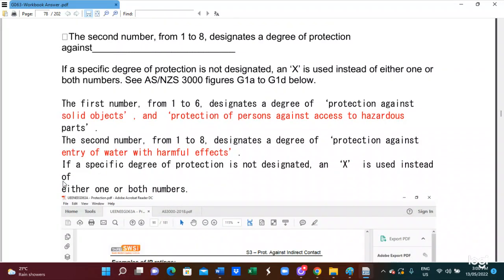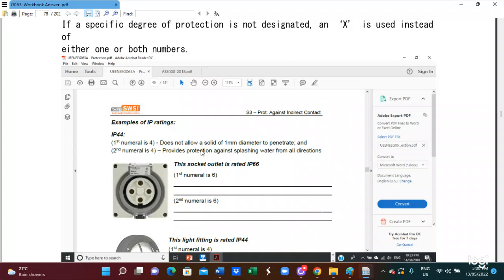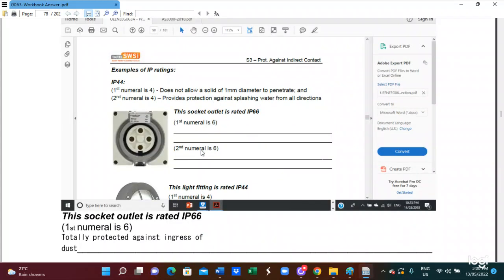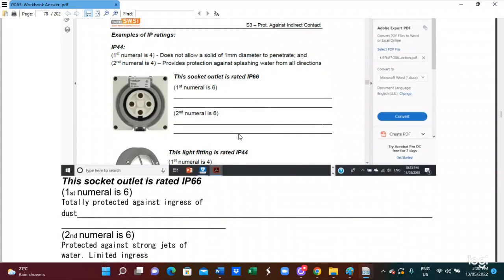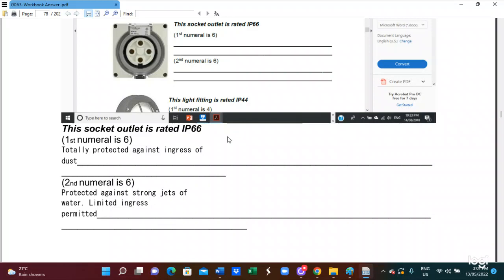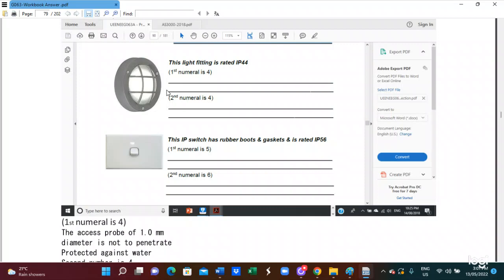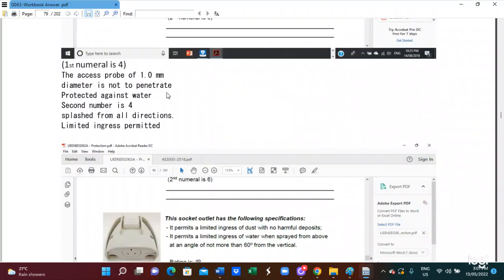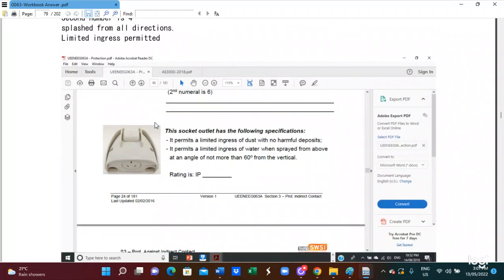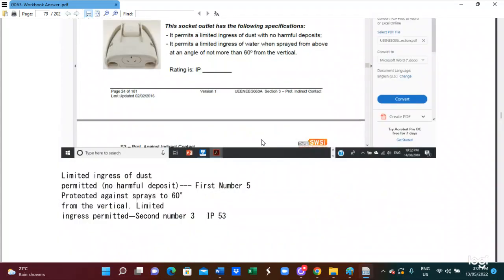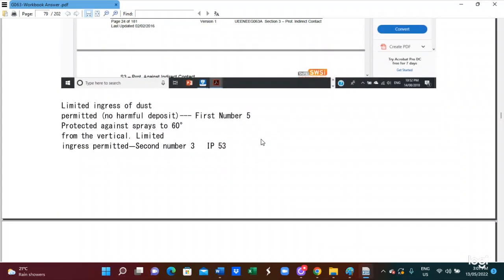So it's also important. There will be the IP rating, for example a socket outlet rated IP66. So this is a socket outlet specification. You have to read this page. And also limited ingress of gas permitted, no harmful.